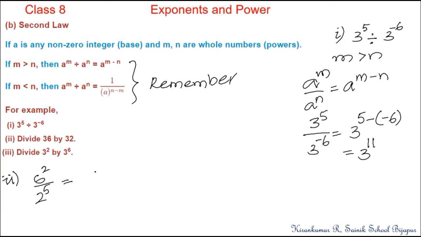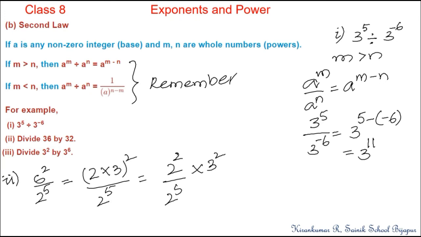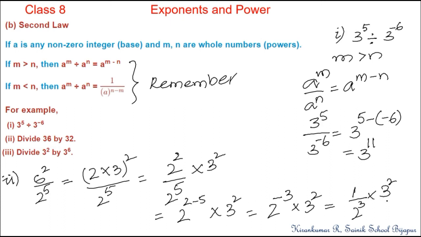In such cases, this can be written as (2 times 3) to the power 2 divided by 2 to the power 5. This is 2 to the power of 2 into 3 square divided by 2 to the power 5. This will be 2 to the power of 2 minus 5, and 3 square. We get 2 to the power of minus 3 into 3 square. This will be 1 upon 2 cube, into 3 square. So 9 by 8.